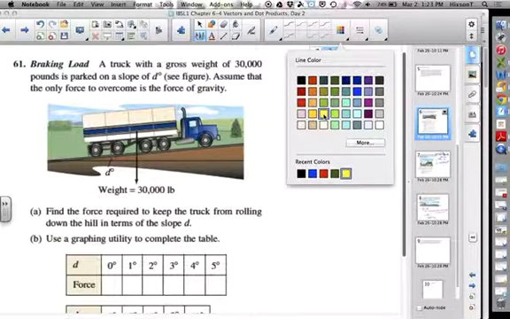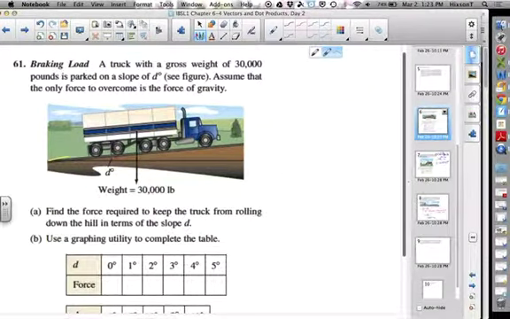Here's our hill, and here's the horizontal, with 5 degrees here. The weight of the truck is going straight down, that's the 30,000 pounds. Perpendicular to the hill is going to be like this.